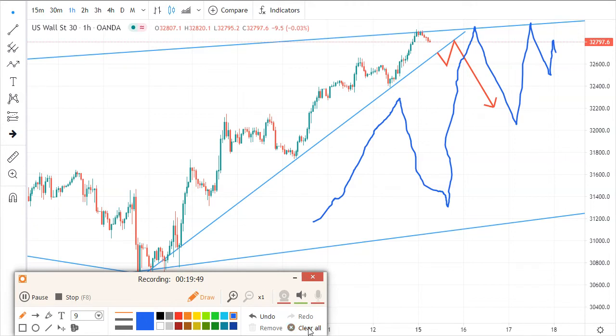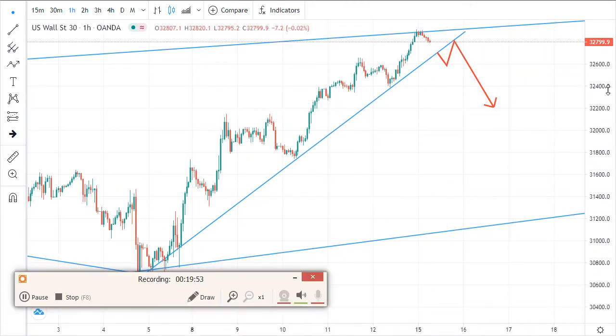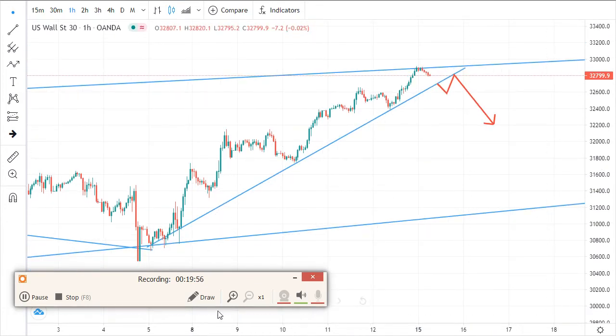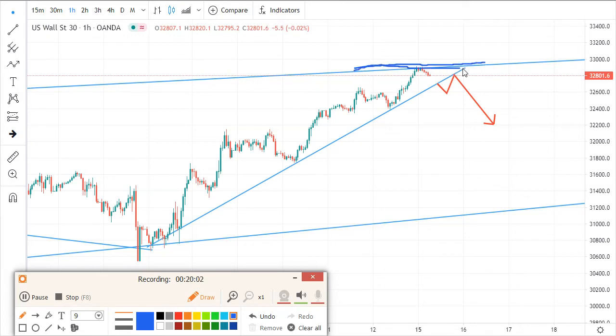So on this one, what if you want to buy? Obviously it means the market has to come. You see, we have this now, it's like a wedge. I call it a triangle because I don't like to complicate things.